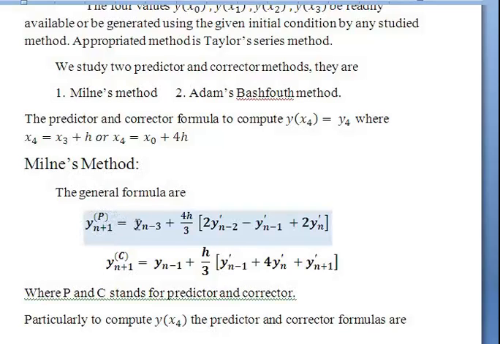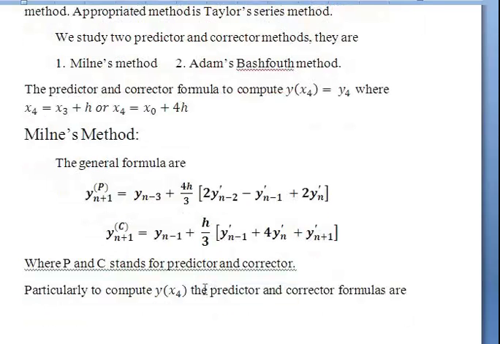It is given by y(n-3) plus 4h upon 3 into the bracket 2 y(n-2)' minus y(n-1)' plus 2 times y(n)'. Similarly we have a corrector formula, which is h by 3 into y(n-1)' plus 4 y(n)' plus y(n+1)', where p and c stand for predictor and corrector formula.